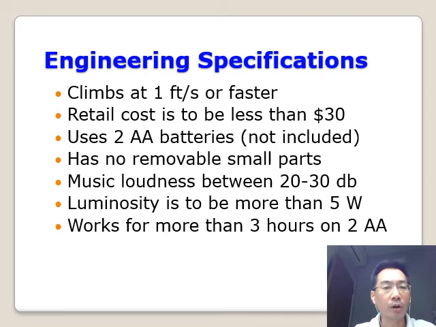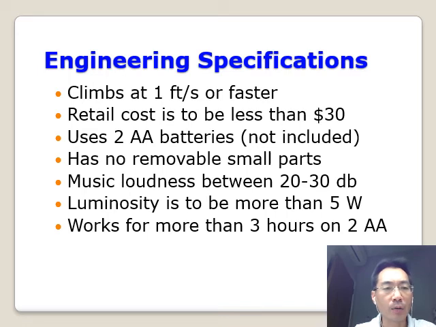Retail cost is to be less than $30 to fulfill the birthday present requirement. It uses two AA batteries, not included, which can be found easily in the product documentation. It has no removable small parts, for safety.